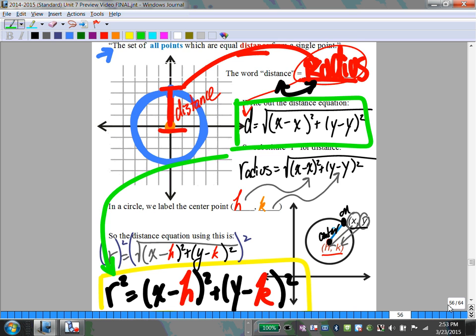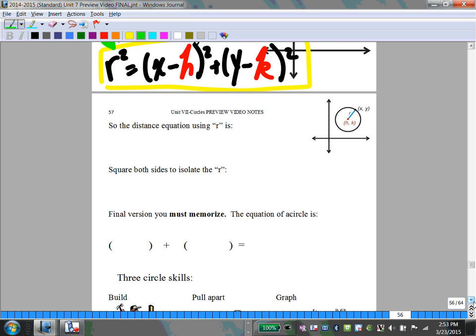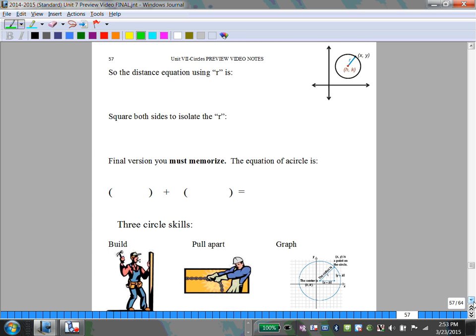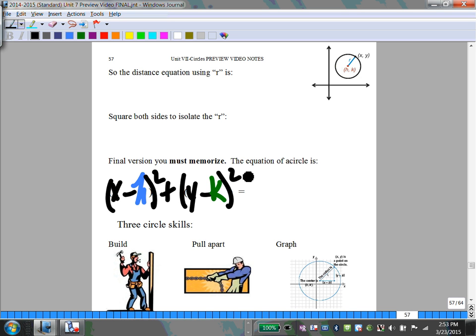All right, now with this equation, there's only 3 things we have to do. Once again, this is the equation I want you to memorize: x minus h, parentheses squared, plus y minus k, parentheses squared, equals radius squared.